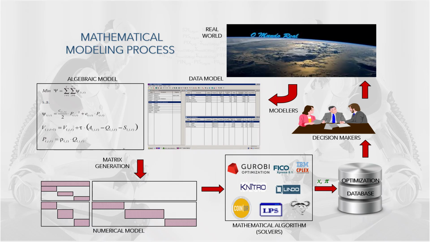In principle, all solvers solve the problem, but the difference between them is the time and memory for solving the problem. The modeler should select the solver considering technical and economic impacts. The most used solvers are shown in the figure.